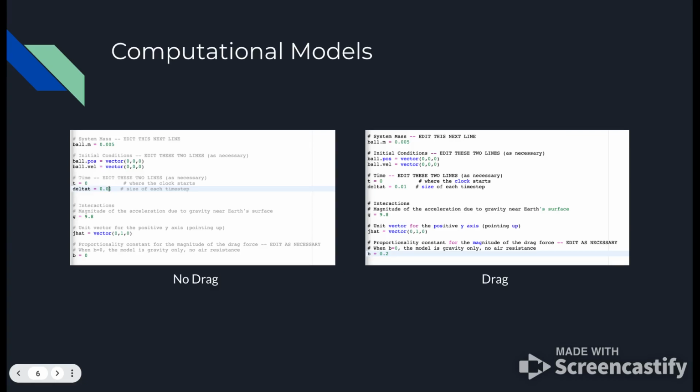Additionally, I put in the initial conditions for the position and velocity as both being 0, and set the acceleration due to gravity at 9.8. But the way that these two codes differ is that the proportionality constant to consider drag was set at 0.2, b equals 0.2. And then for no drag, it was just 0.